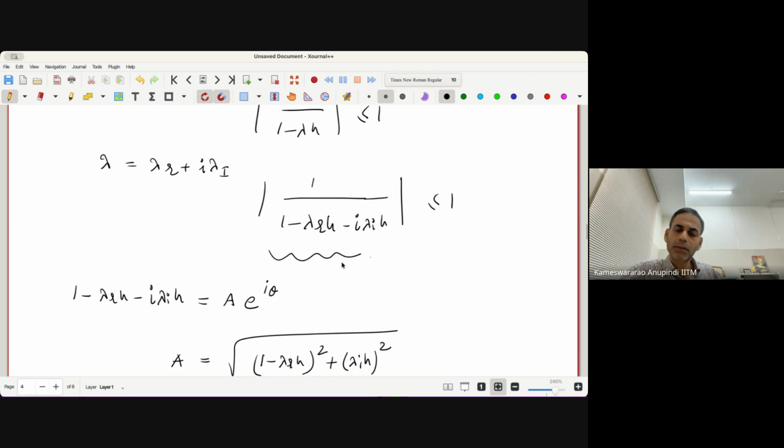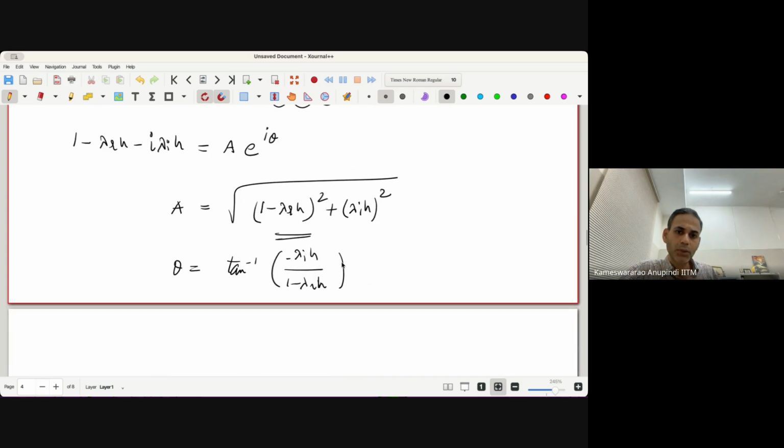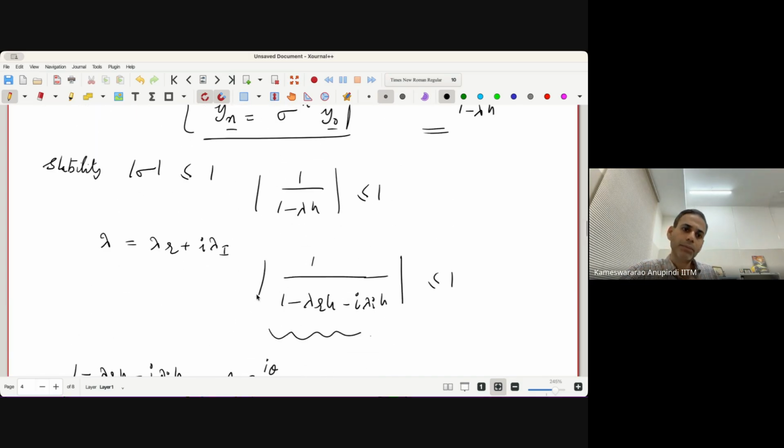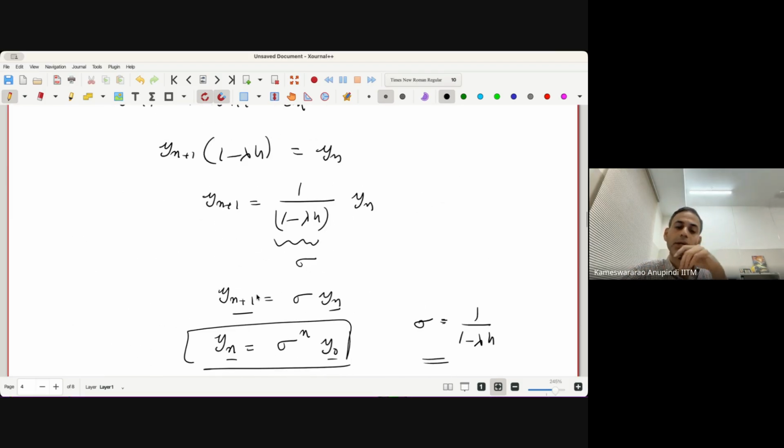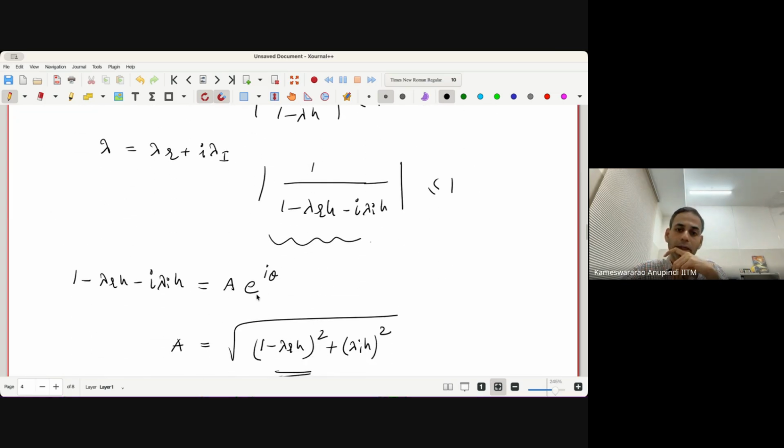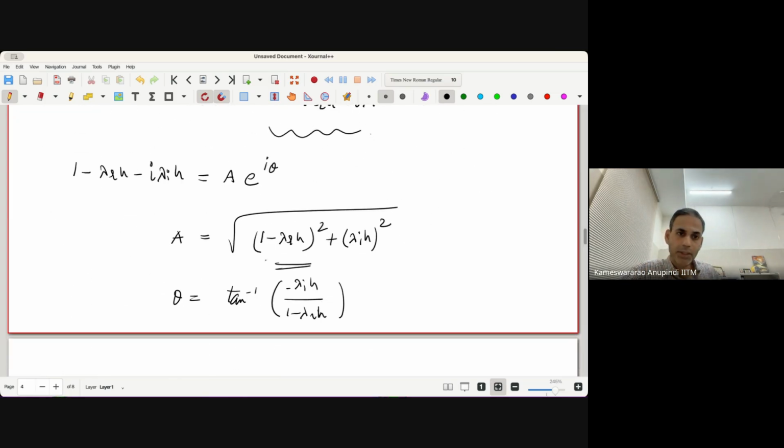That is what we would get. Okay, so this is your theta, which is basically the imaginary part divided by the real part.